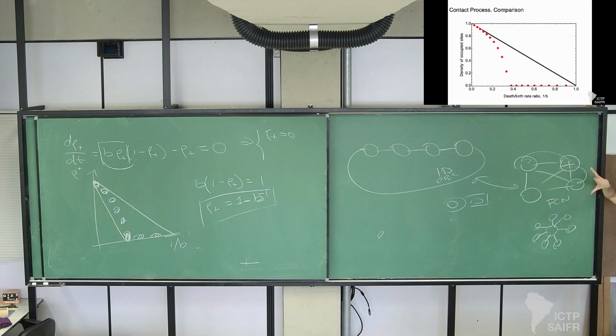But what is interesting, let me change your question a little bit in my favor, is that some of the things we are looking at don't depend on the model. So if you take a model that has the same symmetries of this model, and you run it in a one-dimensional lattice, you may have similar behaviors. And that is the idea of universality class in statistical mechanics.